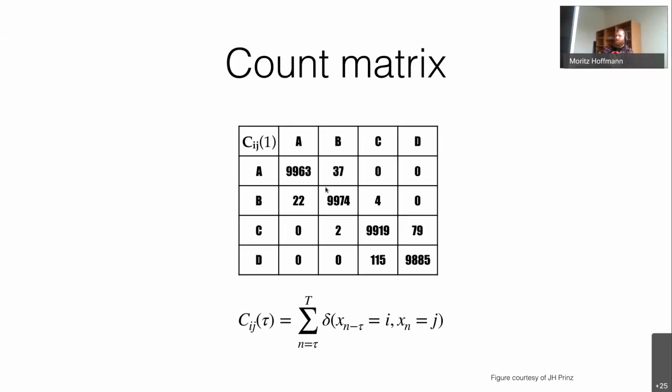And this would give us a +1 here. And then we don't see a BC, and we don't see a BD, right? So we have zeros here. And same thing for BA transitions, BB transitions, BC transitions, and so on. Okay, so this is something that we call a count matrix.